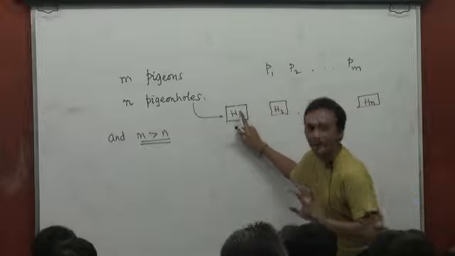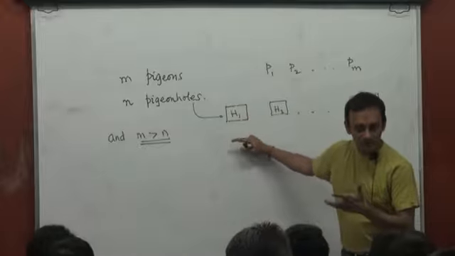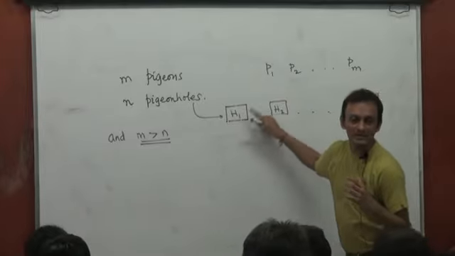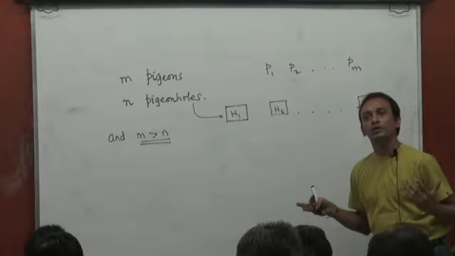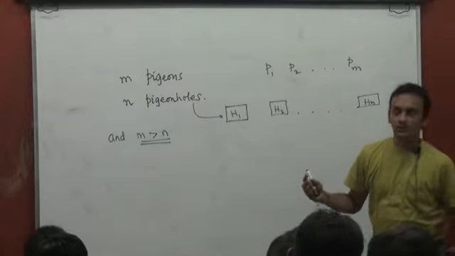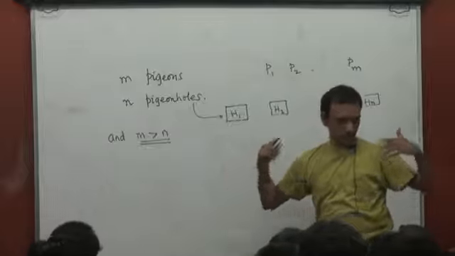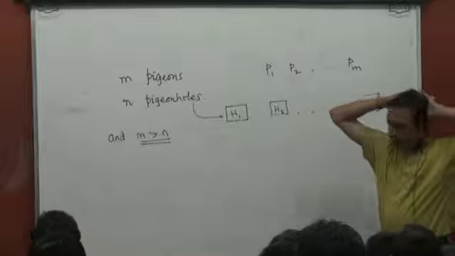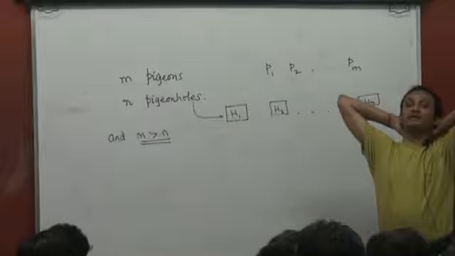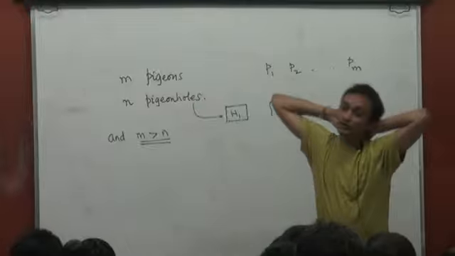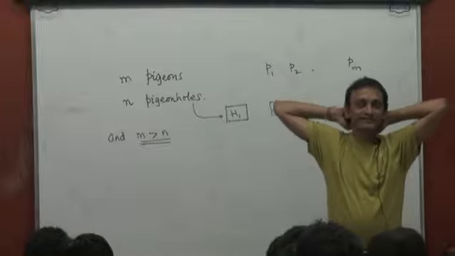It's not like P1 is meant for H1 like the letters and the envelope, right? P1 can be placed anywhere, P2 can be placed anywhere, and in a given pigeonhole, you may not place a pigeon. In a given pigeonhole, you can place more than one pigeon, and so on and so forth, right? And if M is greater than N, then there must be at least one pigeonhole with more than one pigeon, isn't it?